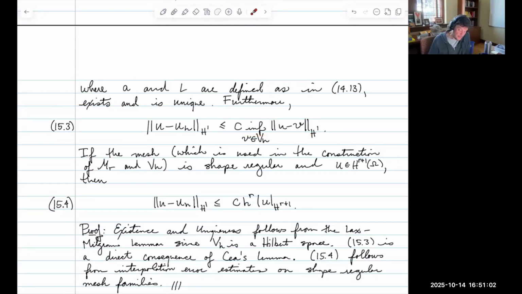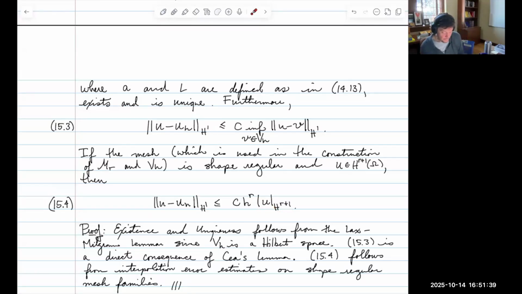And then finally, if my mesh is a shape regular family of triangulations, and that tells me how to construct M_r and ultimately V_h, then I can use my interpolation error estimates in combination with Céa's lemma to show that u minus u_h, that's the error, measured in H1 norm is less than a constant times h to the r, times the H^(r+1) seminorm of u.